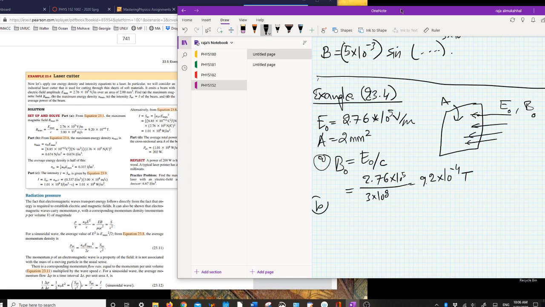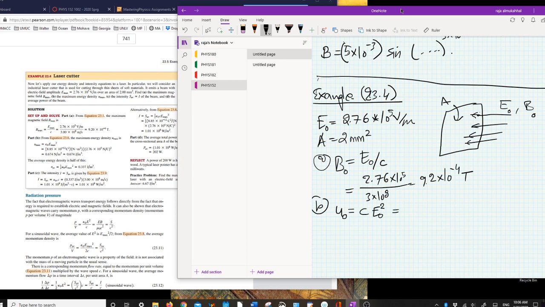Okay. Part B, he says find the maximum energy density. So that's U, small letter U, max. I'm going to call it U naught, and that would be equal to C E max, E naught squared.